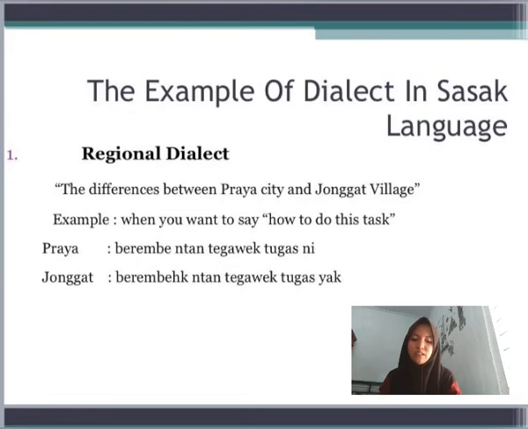In Jonggat, they add the h and k at the end of the word, but in Praya they do not add it, just berembeh, and then the Jonggat berembeh, like that.